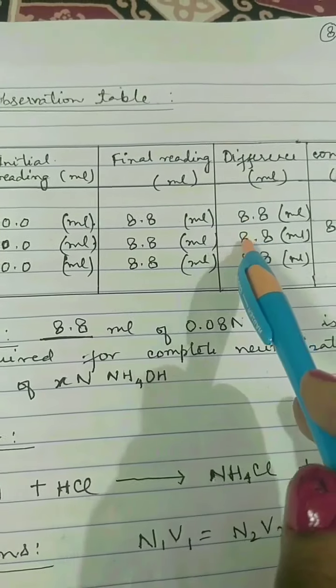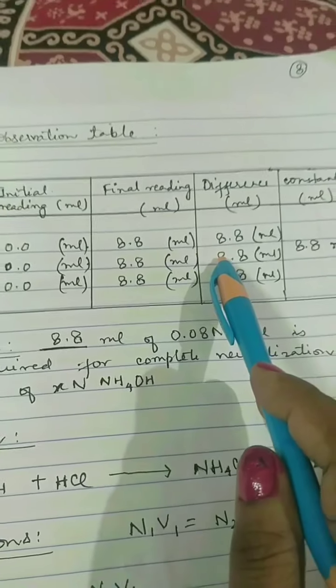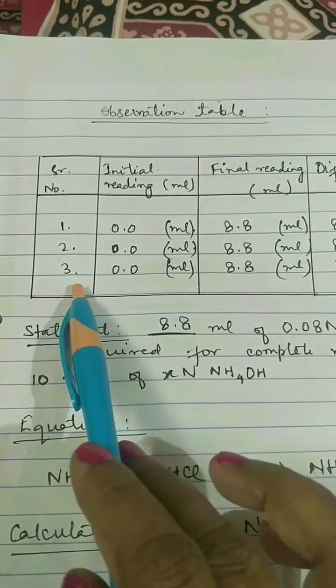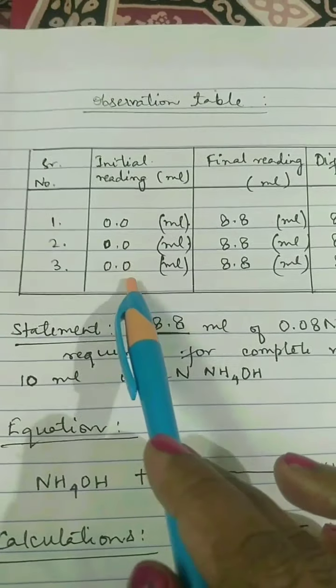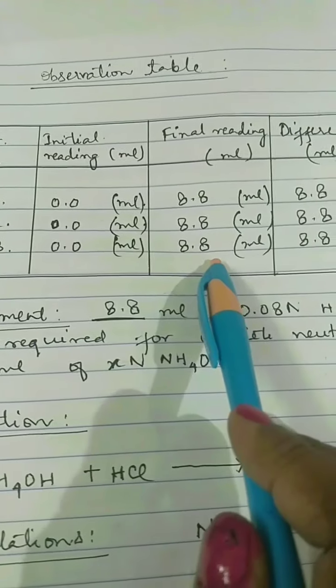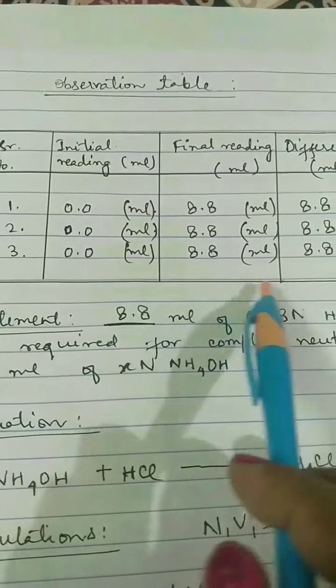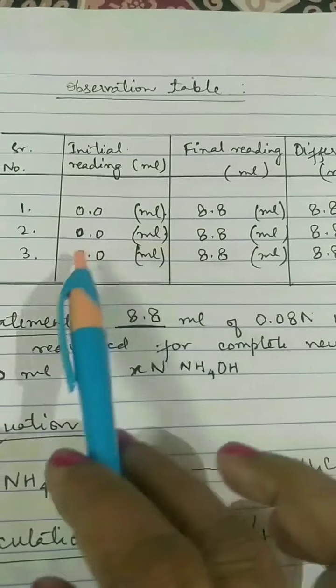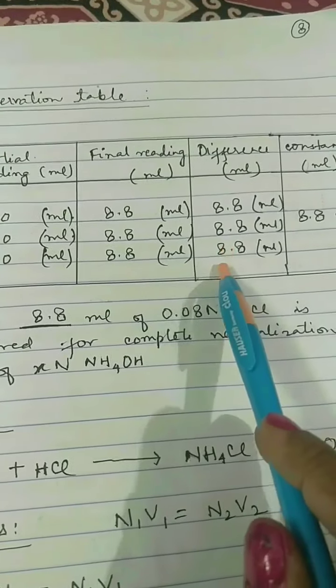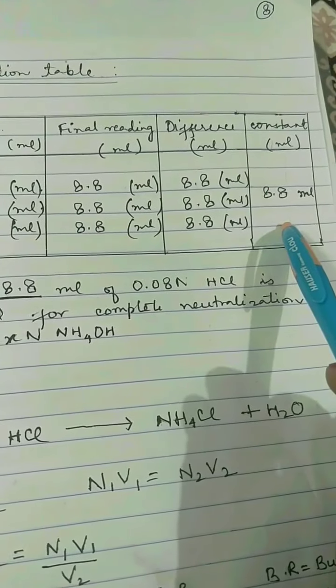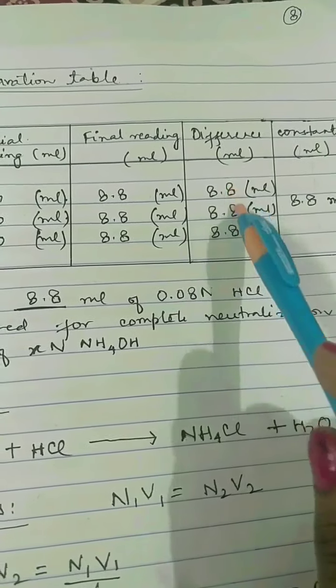Then you will write the difference. Here also it is 8.8. Then we will take the third reading. There also you will set the lower meniscus at 0.0. Here also final reading is 8.8. Then you will write the difference, which will be 8.8. Then in the column of constant you will write 8.8.